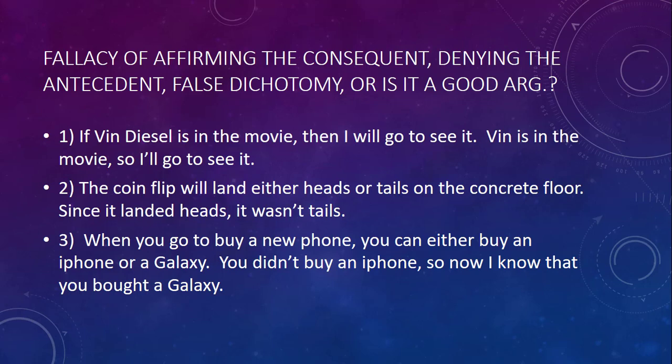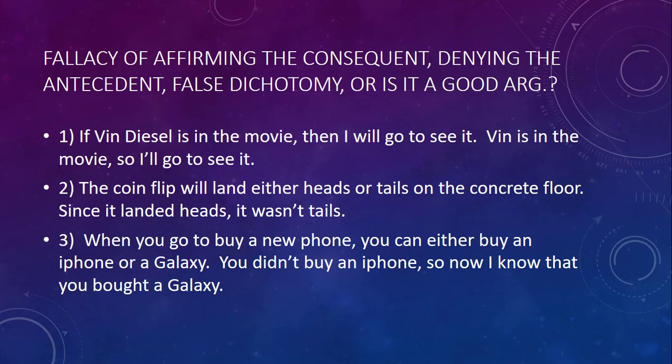So is there something wrong with this? And when we look at it, it's in the form of a disjunctive syllogism, so it passes the true premises test. However, the problem with it is in regards to the first premise. When you go to buy a new phone, you can either buy an iPhone or a Galaxy phone. There are actually many more different kinds of phones.